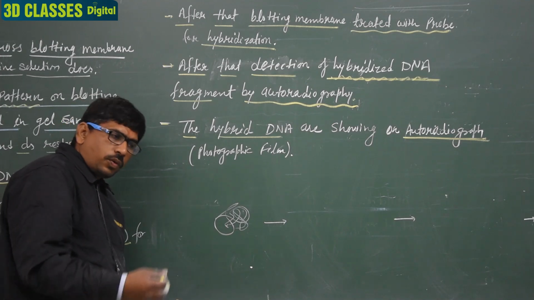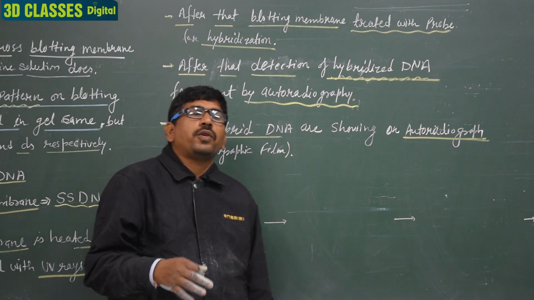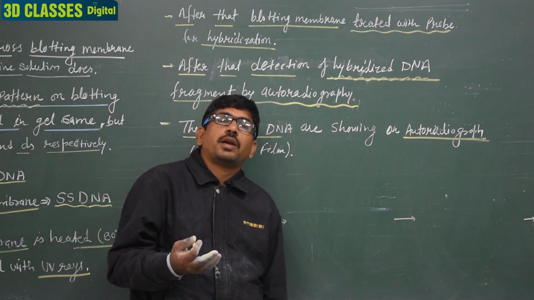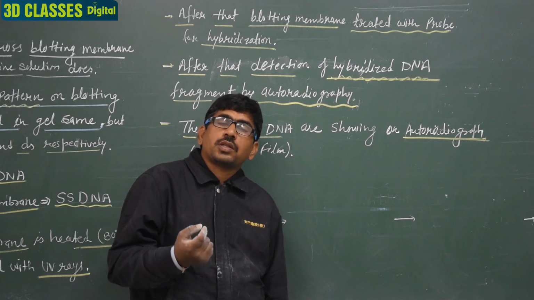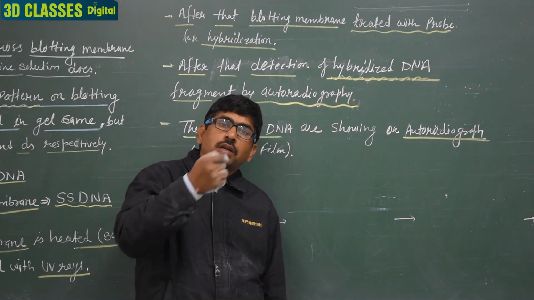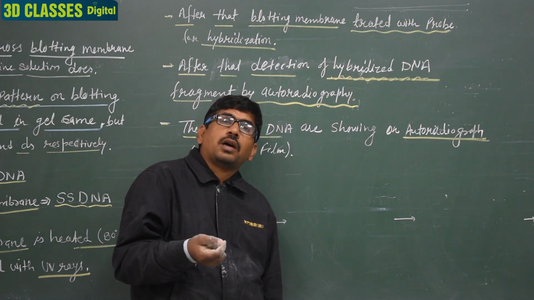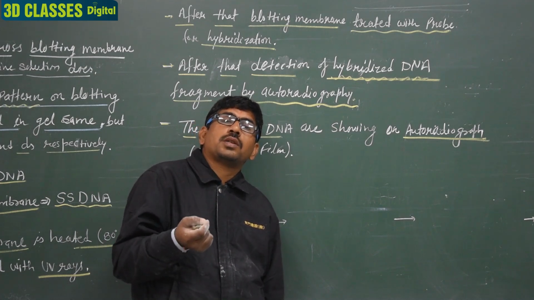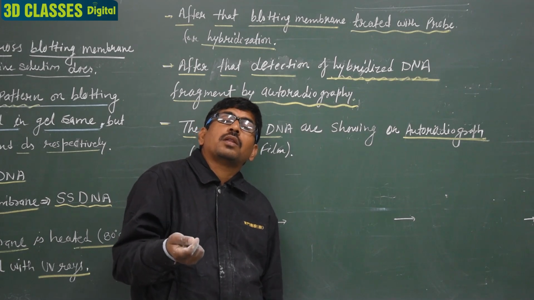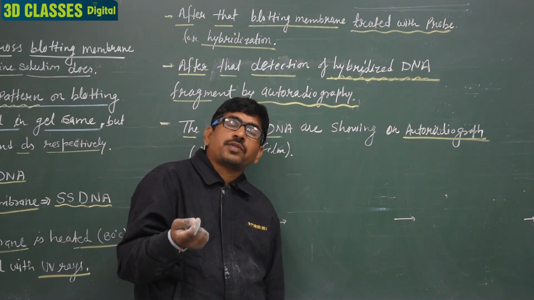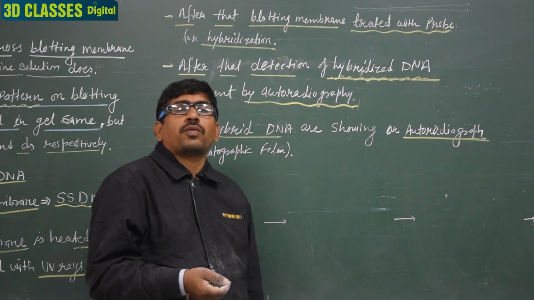Clear? So due to this procedure, we obtain the desired DNA segment, a particular DNA segment from the complete DNA. That is Southern blotting: first isolate the DNA, then use the RE enzyme, then electrophoresis, then the nitrocellulose membrane, then hybridize with the probe, and then obtain the photographic film.